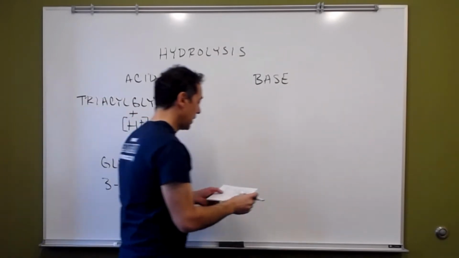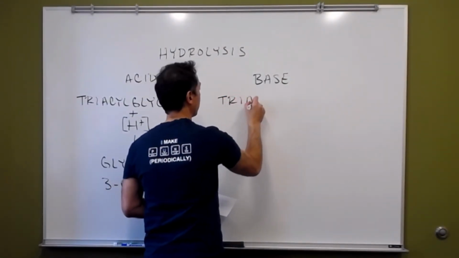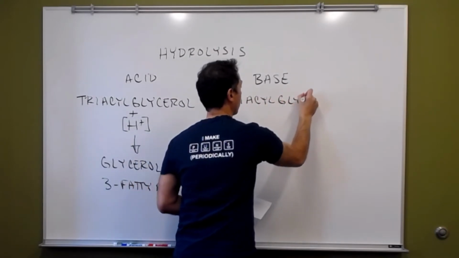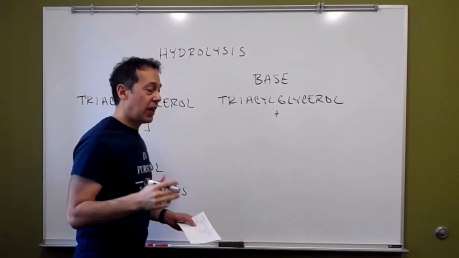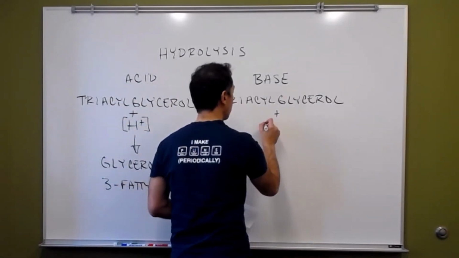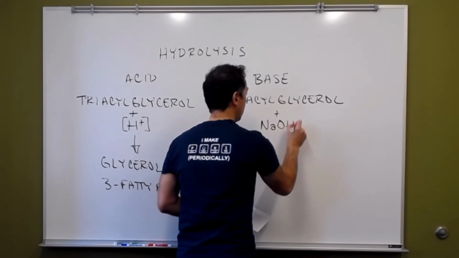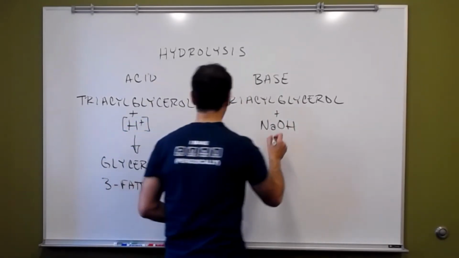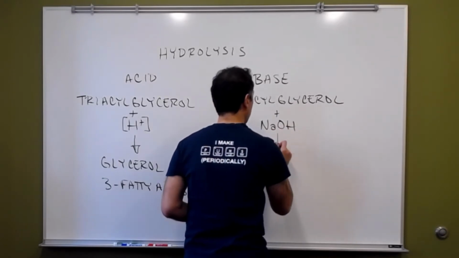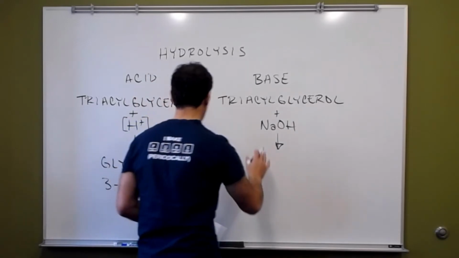Now with a base, we're going to take our triacylglycerol and react it with a strong base. This could be something like sodium hydroxide, or potassium hydroxide, just a strong base. And this ends up breaking apart this triacylglycerol into glycerol.